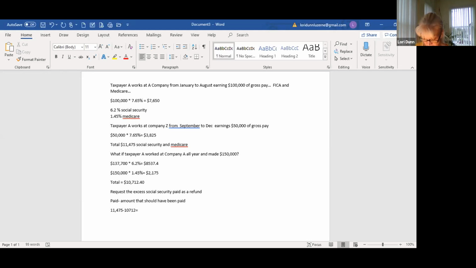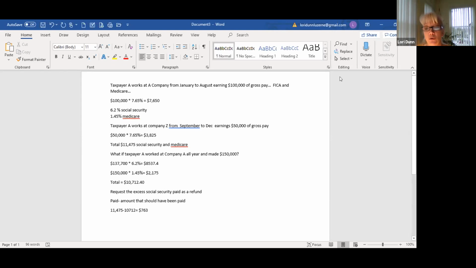That difference, $763. We requested as a refund on the tax return. And if you look at it, if you take 50,000 minus 37,700 times 0.062, that's the $763. Because that extra amount above 37,700 was taxed because of the way they worked during the year.